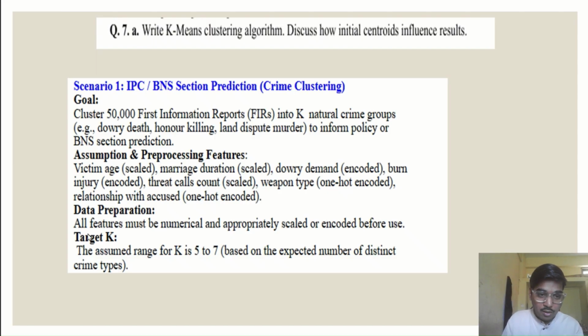We will assign all features such that each one is numerical and appropriately scaled or encoded before use. For the target k centroids, we will assume the range for k is 5 to 7, based on the expected number of distinct crime types, and we will assign the k clusters for the given types of the data.